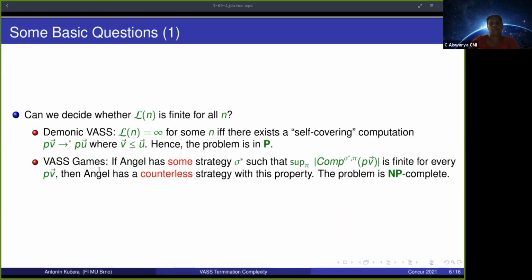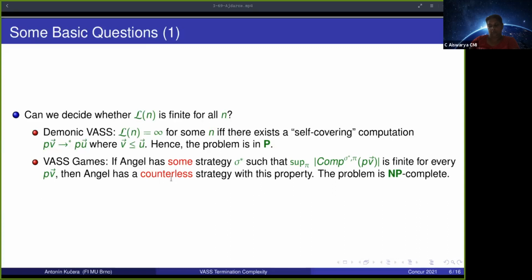For VAS games, where we have both angelic and demonic control states, the answer is also simple. The crucial observation is that if the player angel has some strategy, sigma star, such that every computation initiated in an arbitrary initial configuration is finite when the angel commits to the strategy sigma star, then the player angel also has a counterless strategy with this property.